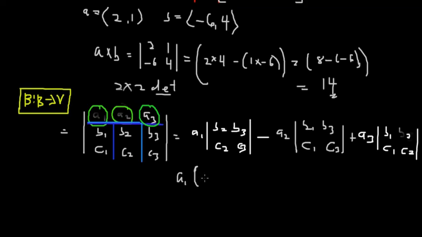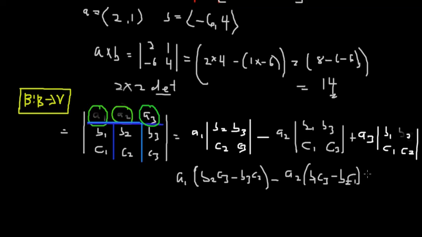So from here you can notice that we have a simple determinant again, okay? Just like the 2 by 2 matrix calculation, okay? So you just multiply across. So we have B2C3, okay? B2C3 minus B3C2, okay? And then we have minus A2 with B1C3, B1C3, and then B2C1, okay?